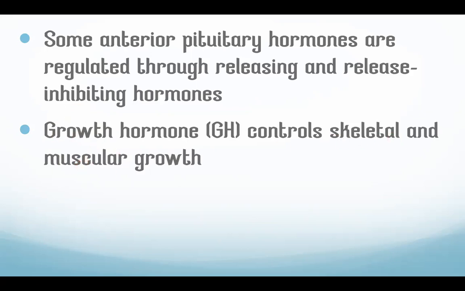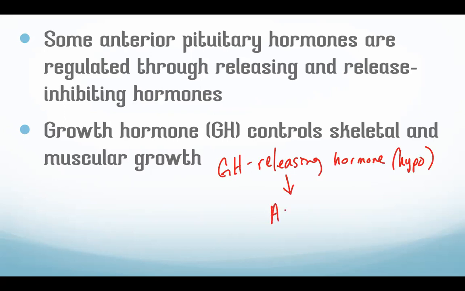You don't grow if your skeleton and your muscles don't grow. So from the hypothalamus, you will have GH releasing hormone, and that will tell the anterior pituitary to release GH, and guess what? You grow.